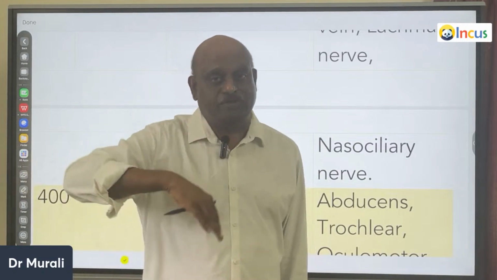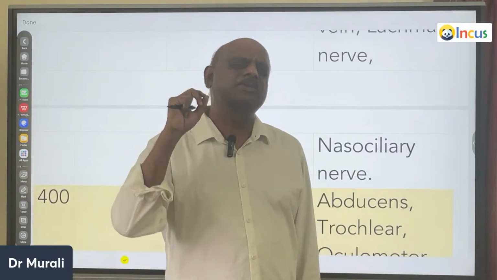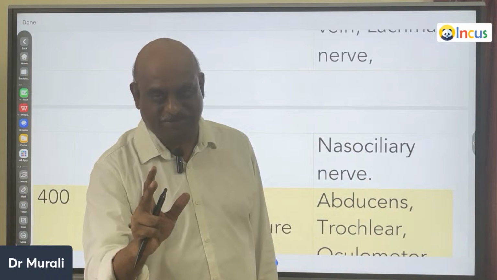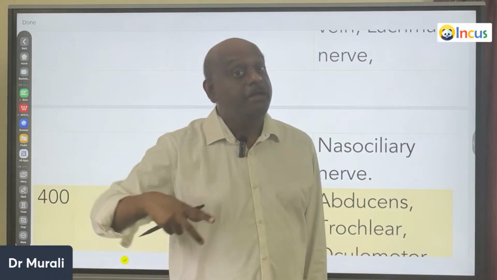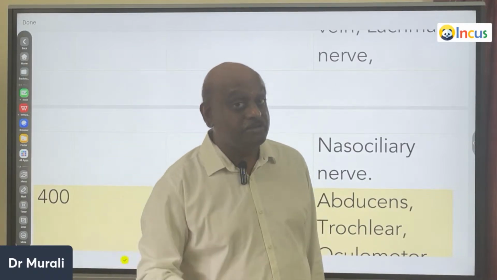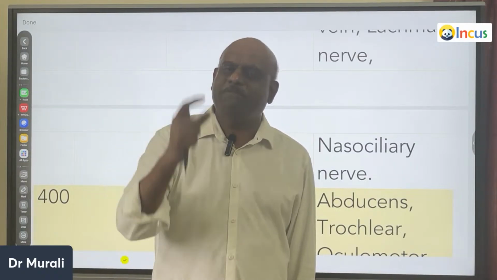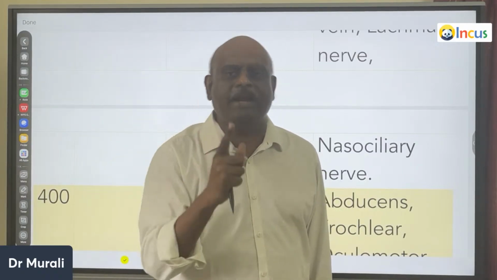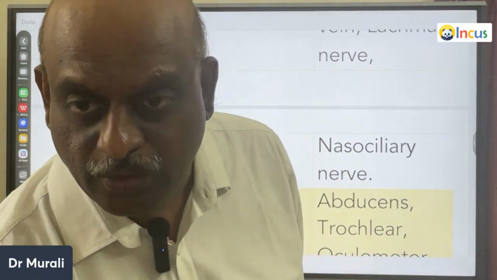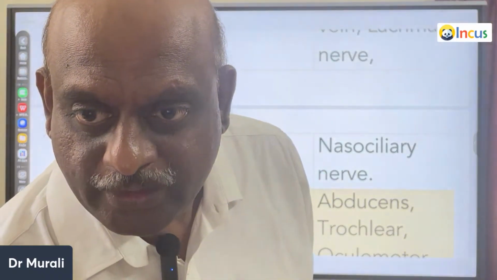What are the contents of each of these fissures? You like it, you don't like it, you need to mug it. Right? Similarly, greater sciatic foramen, lesser sciatic foramen. What are the contents? Every time you go to the NEETPG, FMGE or INICET, these are the standard questions which you need to remember. Right.